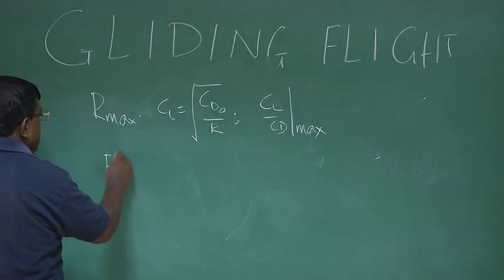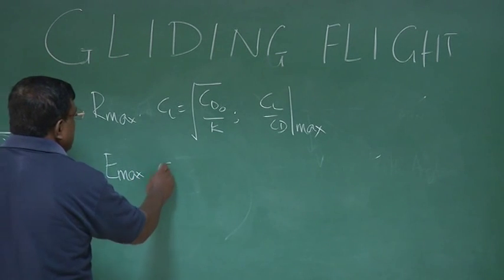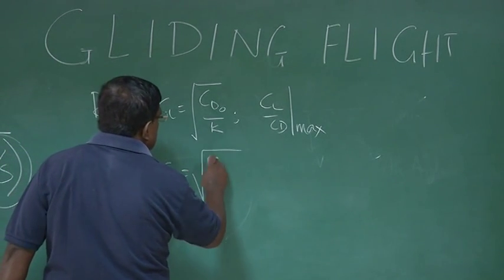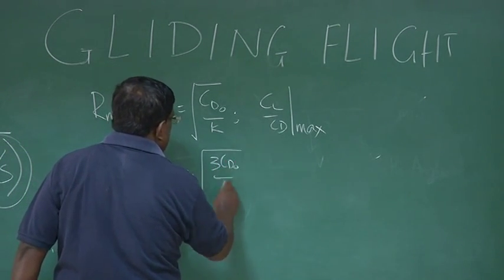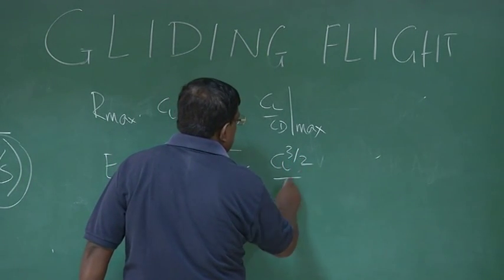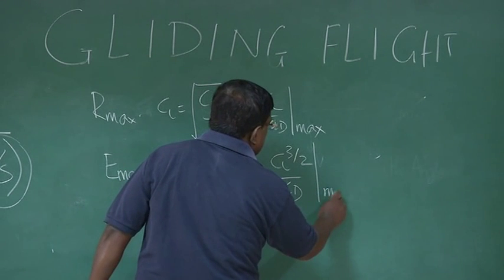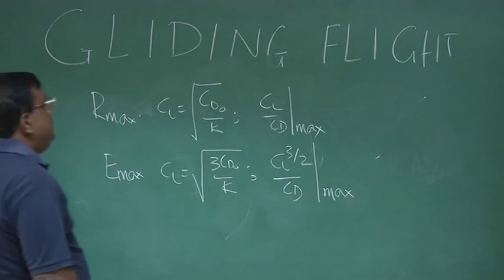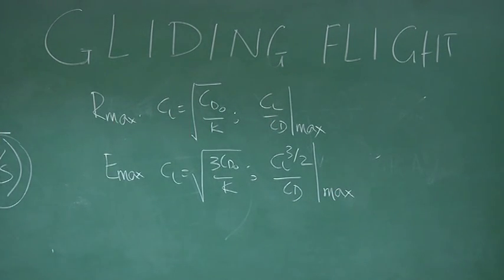And for endurance maximum, I must fly at CL equal to 3 CD naught by K, because I am flying at a condition where CL^(3/2) by CD is maximum. No issues? Everything is clear?